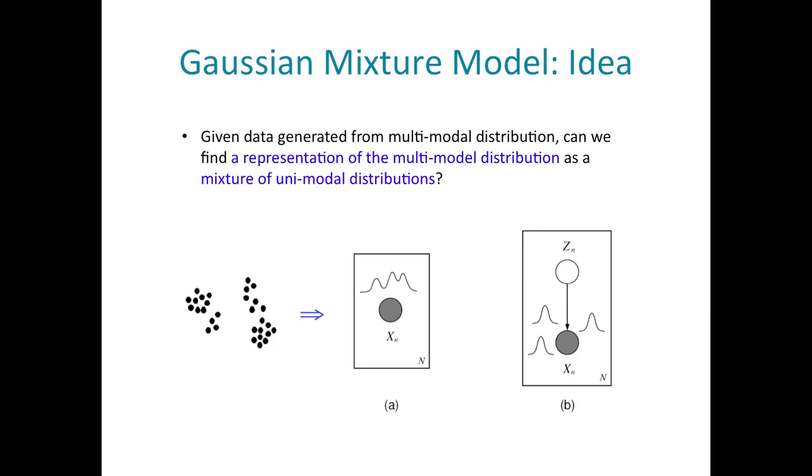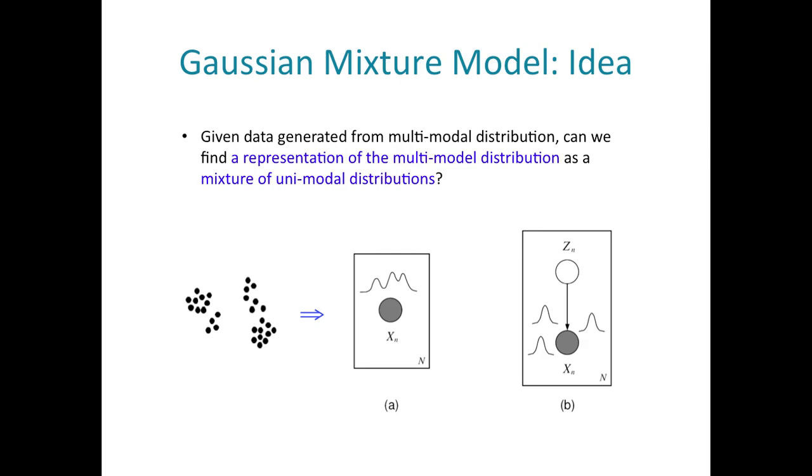What you can see in this representation at the bottom of the slide is that we have a set of data points. We assume that all those data points xn, where n means that each data point has multiple features, have been generated by a multimodal distribution. Then in part B, we want to be able to disentangle the different Gaussian distributions that we have, and for any given point in our data set, we'll be able to assign a label, Zn, that might be one of the different Gaussian distributions that we are considering.